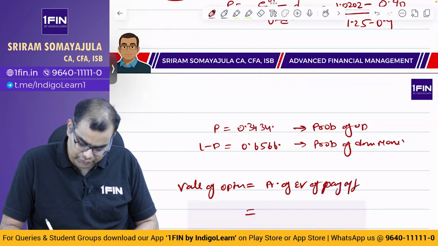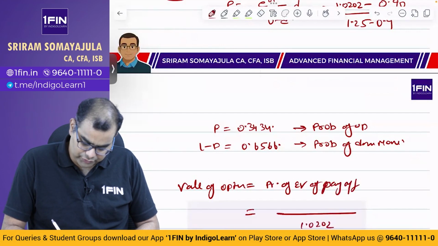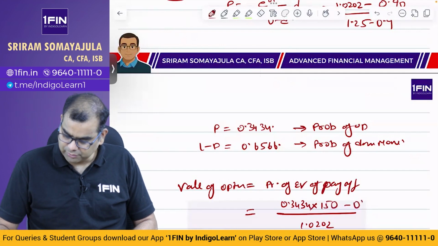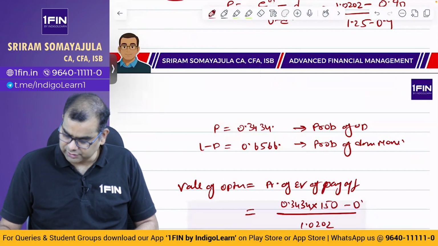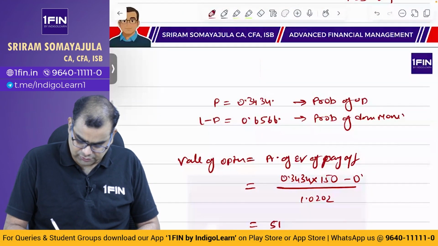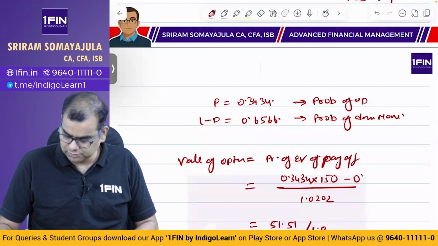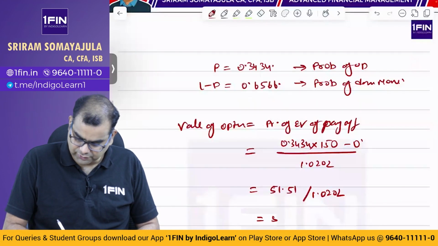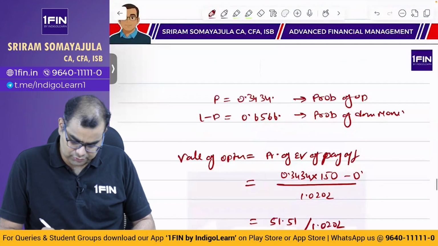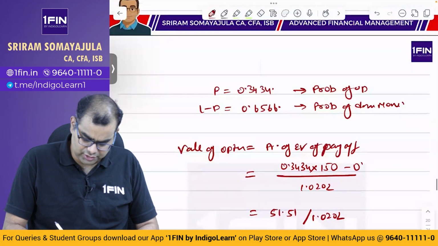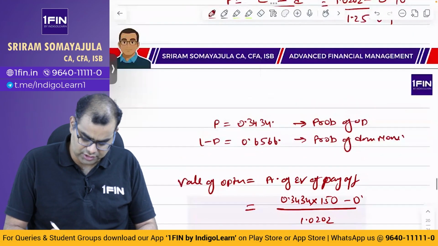That is equal to (0.3434 into 150 minus 0) divided by 1.0202. 0.3434 into 150 is equal to 51.51, divided by 1.0202, is equal to 50.49. 50.490 or 491. So you see here also I've got the same answer.